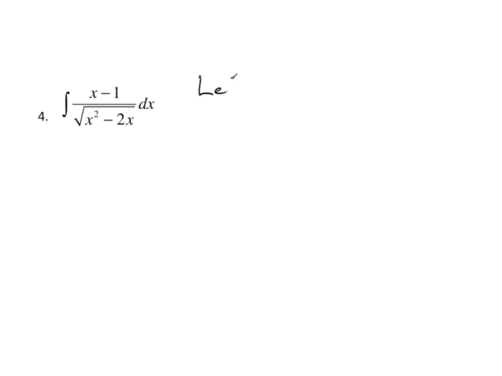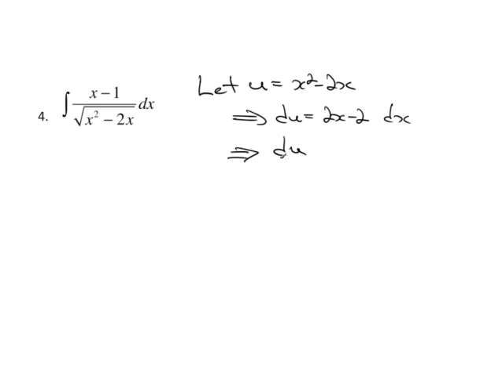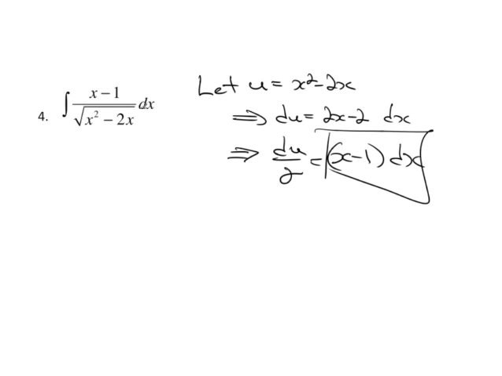In this case, if I let u equal x squared minus 2x, then du equals 2x minus 2 dx. If I factor out a 2 and divide, that will give me du over 2 equals x minus 1 dx, which is exactly what I have right here.